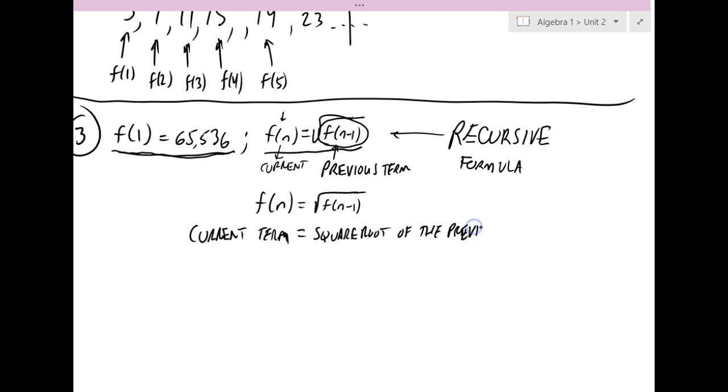As soon as we write that, now it's really easy because all we have to do is look at the previous number and take its square root. Okay? So we know that f of 1 is 65,536. If I want the second term, all I have to do is take the square root of the first term.